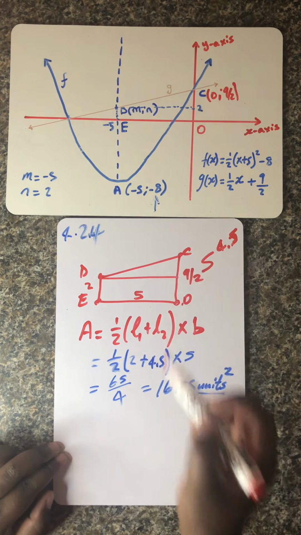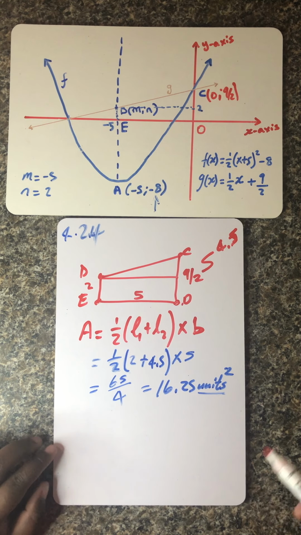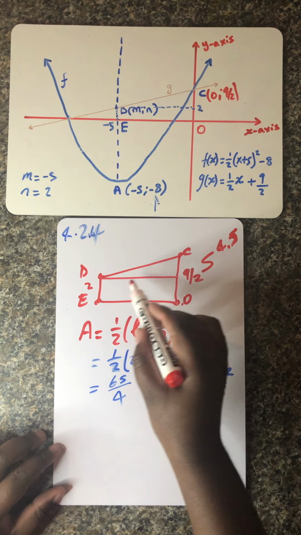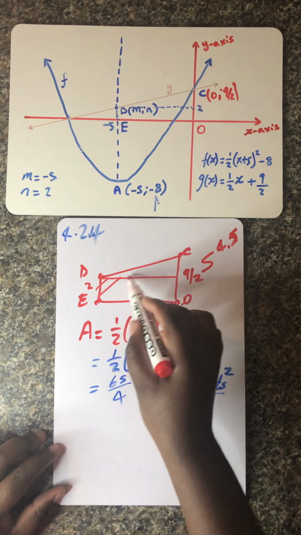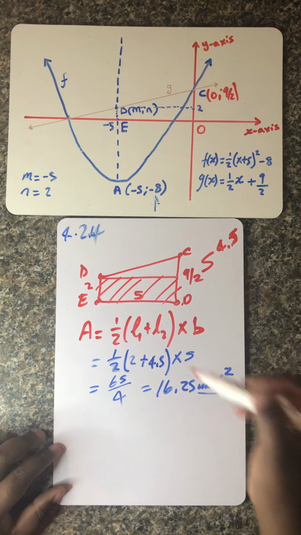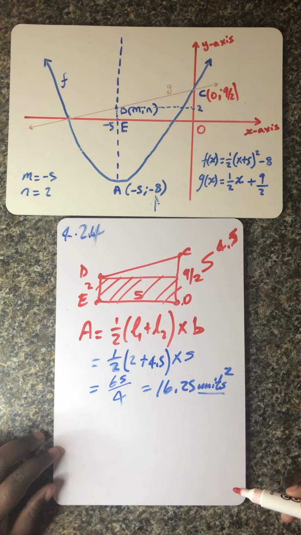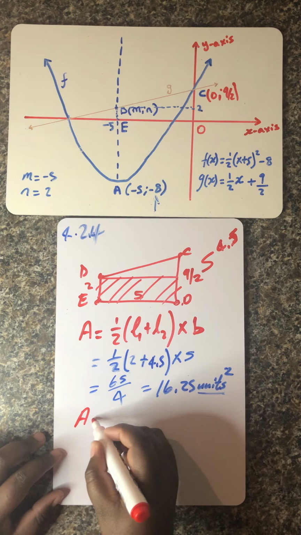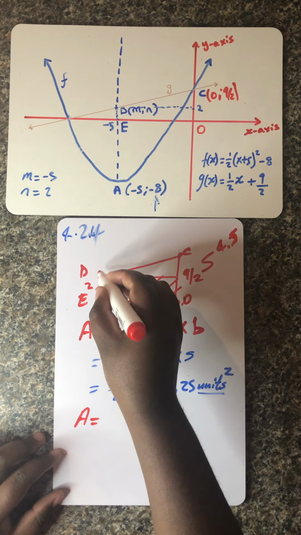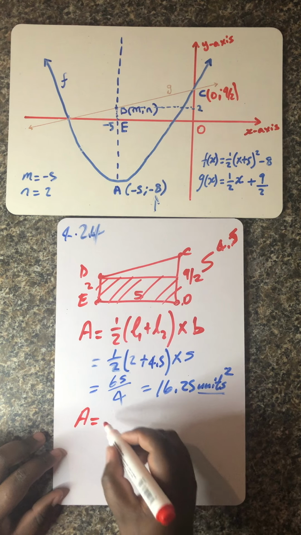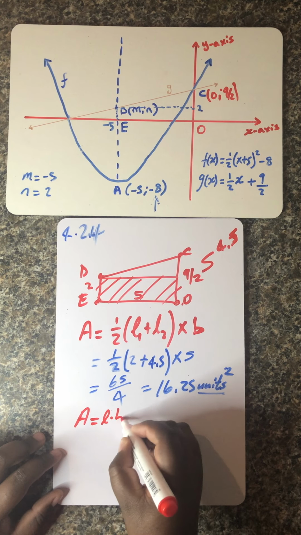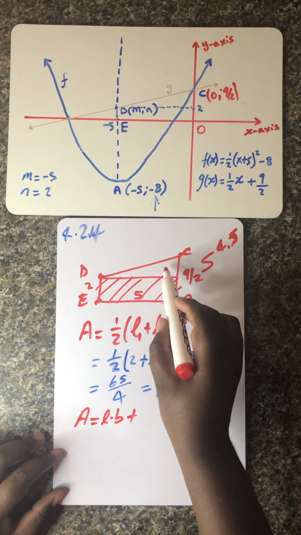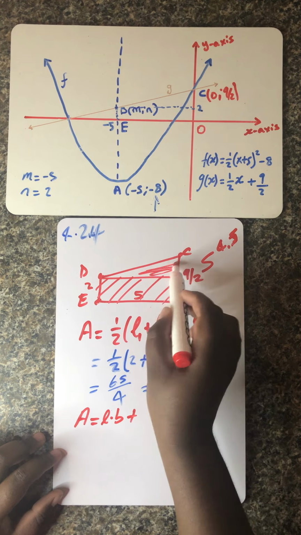So the other one can just separate that and say, okay, I'm going to first calculate the area of that rectangle. So let's say they're going to say A is equal to length times breadth, plus the area of that triangle, which is half length times breadth.